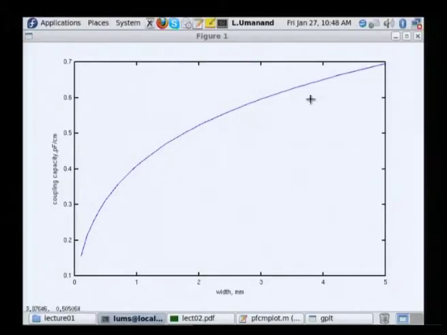So increasing the width will give you more capacitance between the two lines. So this is what we would be learning from this exercise, this exercise on the capacitance.